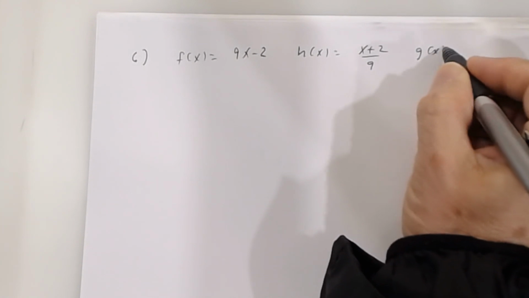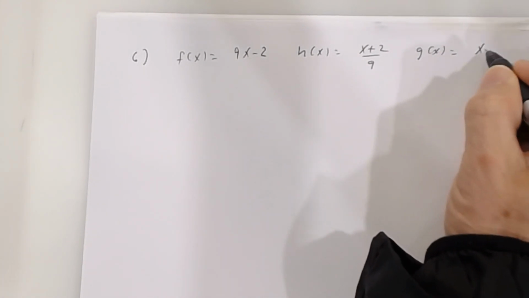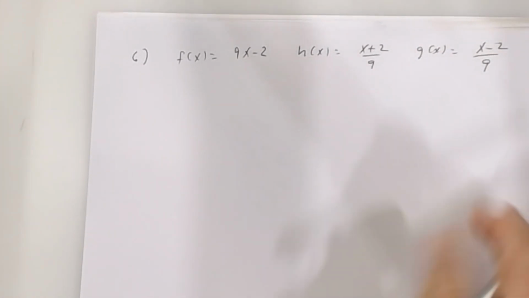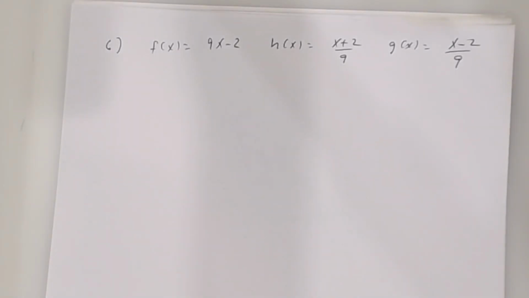G of x equals x minus 2 divided by 9. On your final, for that kind of problem, they usually have it as multiple choice. So make sure you can see the right or wrong. There'll be partial credit, so make sure you don't mess that up.